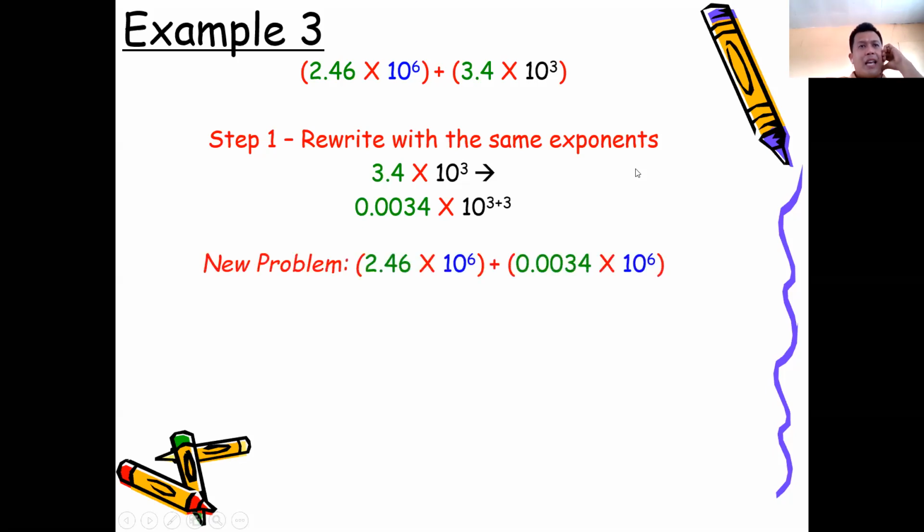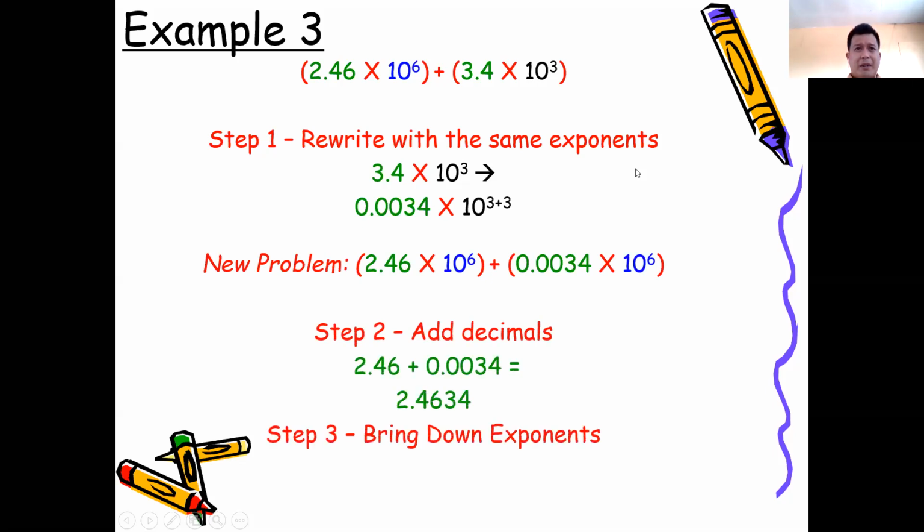And then we already have the same exponents of the base 10. So we can simply add directly and copy the base of 10. So we have the answer 2.4634 times 10 to the power of 6.